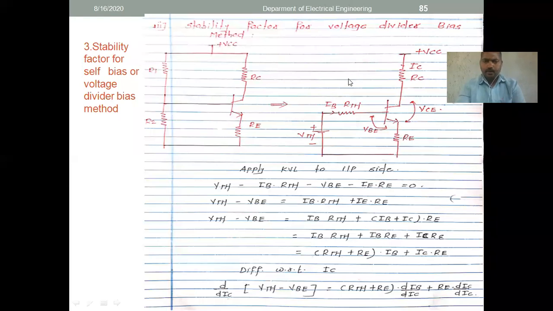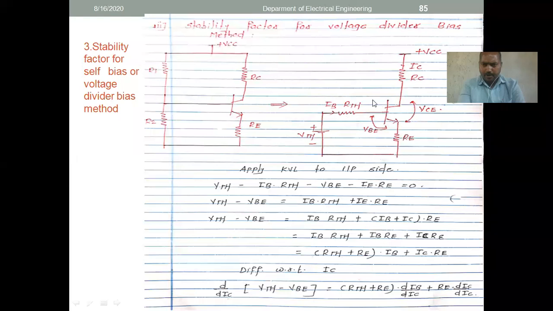Okay, so we have converted this circuit by applying Thevenin's theorem. For this circuit, we apply KVL to the input side.